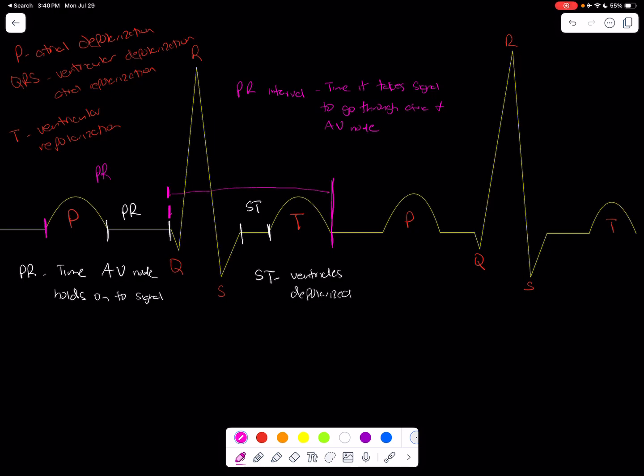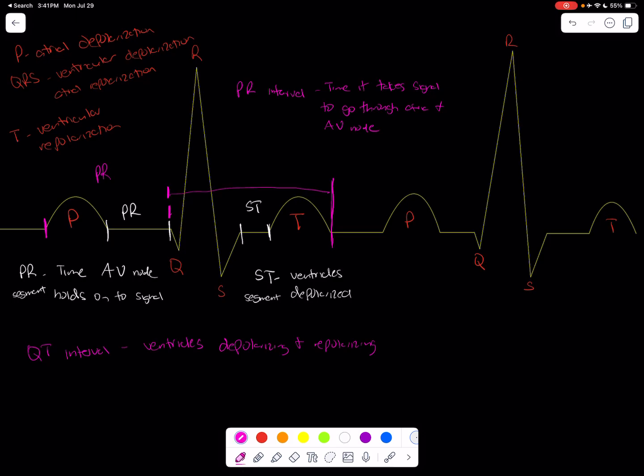So QT, we'll write down here, so the QT interval, okay, this is basically the time that the ventricles are depolarizing and repolarizing. Okay, and just to be clear here, it's the ST segment and the PR segment. Okay. And then we've got one more.